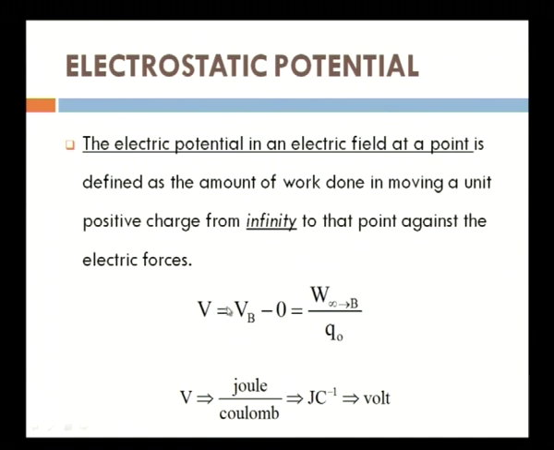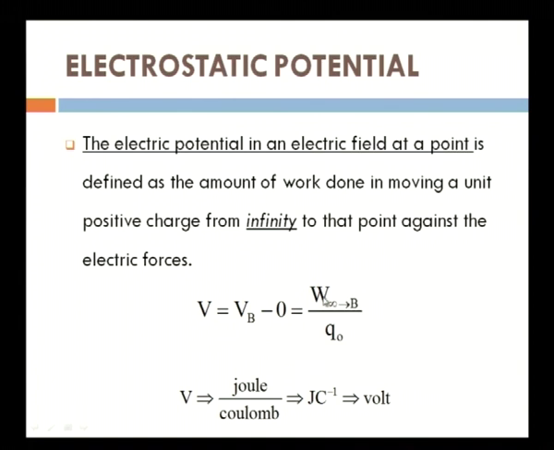Here what we have assumed is, according to this expression, the potential is also equal to the potential difference, but the initial point is supposed to have 0 potential. That is the meaning of the word infinity here. It is not just the distance infinity, it is a point where the electric field is 0 and thus the potential is also 0.